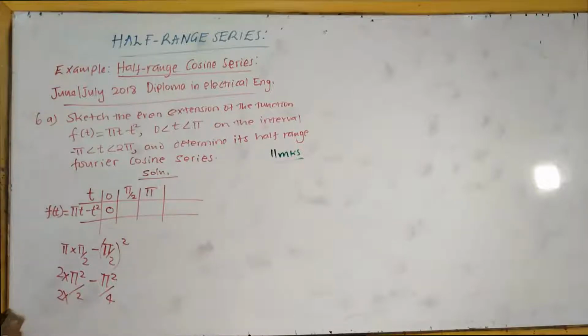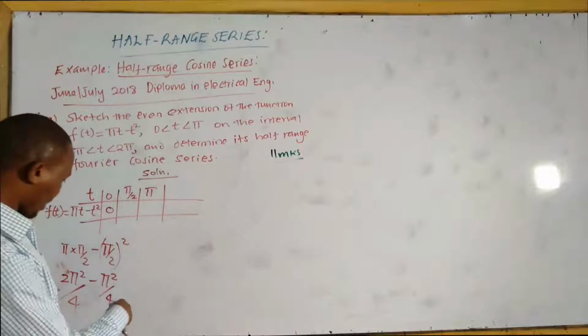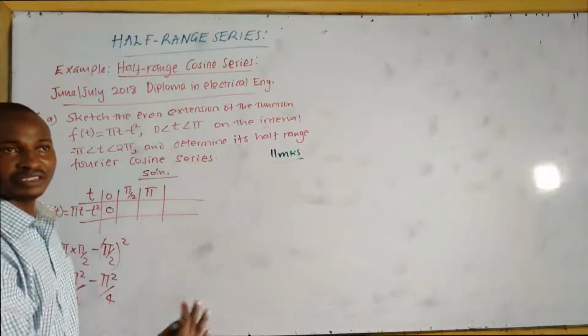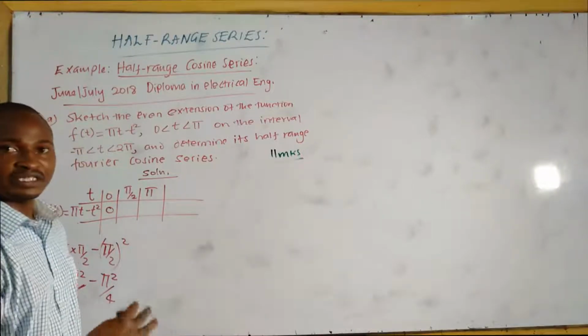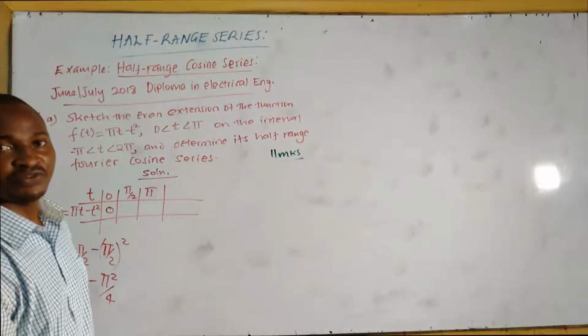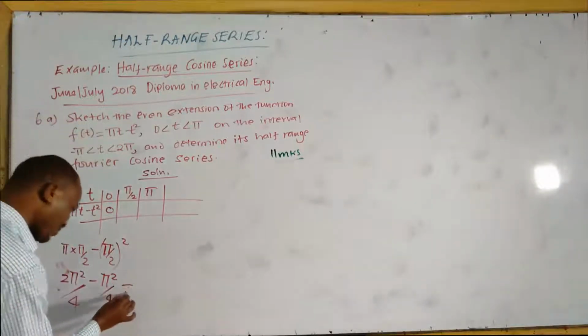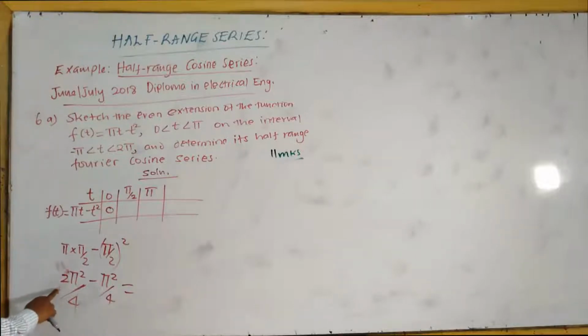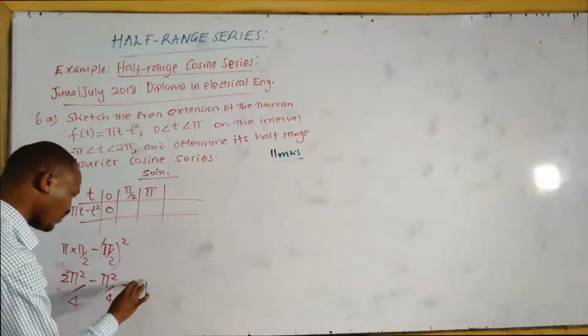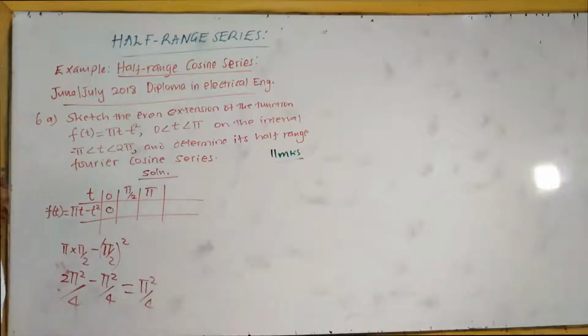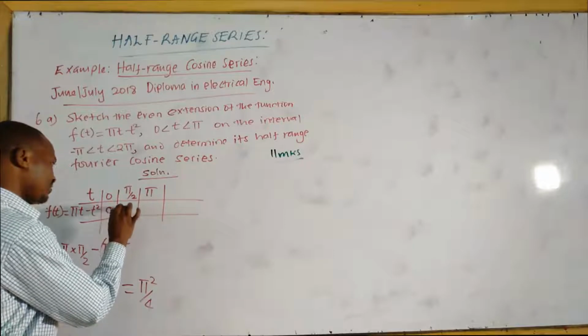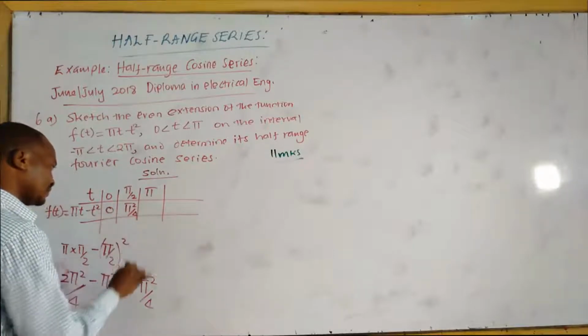This will give me 2 pi squared over 4. That is just a way of being able to subtract two terms with different denominators. You can also use LCM if you are used to LCM, but me, I'm used to this one. So I'll say 2 pi squared over 4 minus pi squared over 4. This is pi squared over 4. So here we have pi squared over 4.